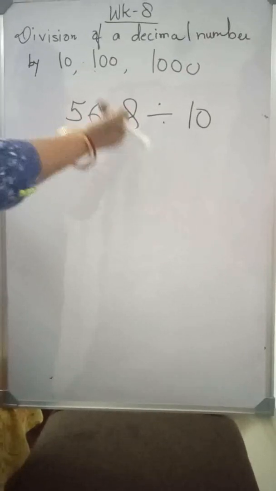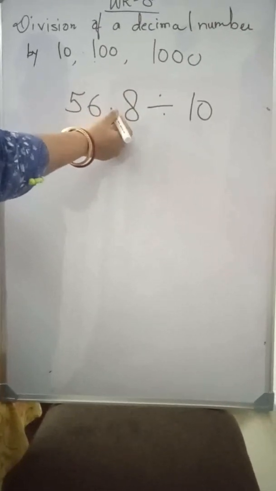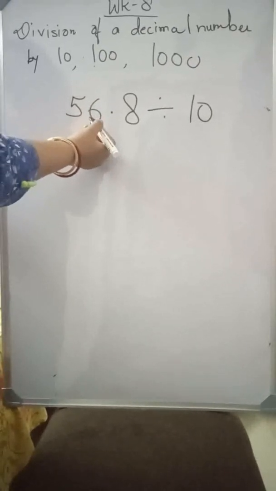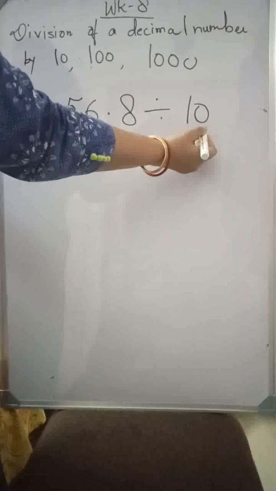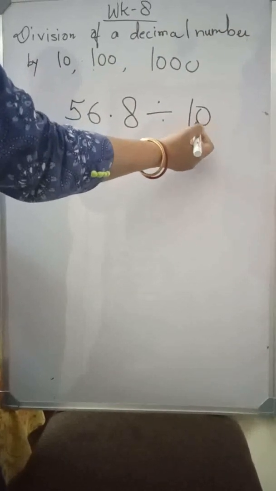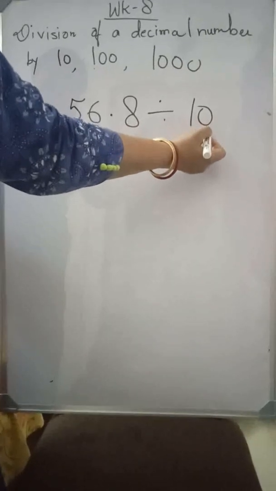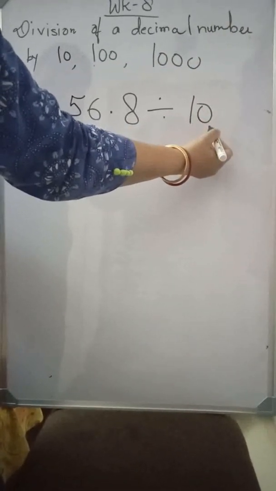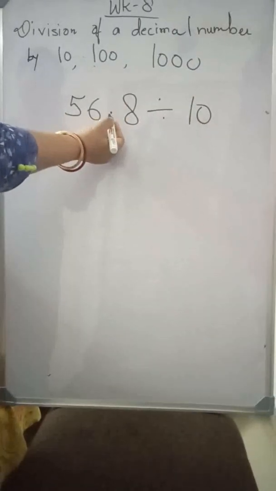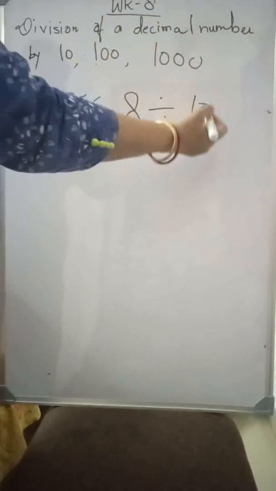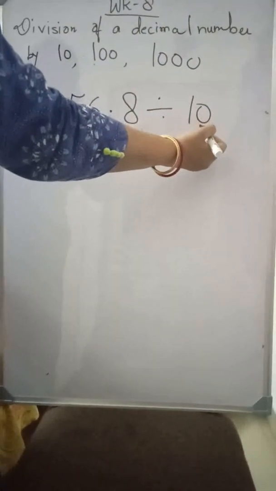In the quotient, we will shift this decimal point to the left side by as many places as there are zeros in the divisor. Firstly we have to see how many zeros are there in the divisor. So as many as the zeros of the divisor, we have to shift the decimal point to the left, just equal to the number of the zeros of the divisor.